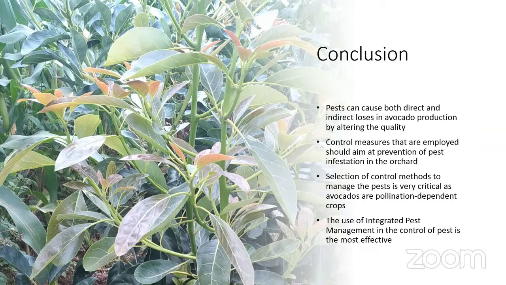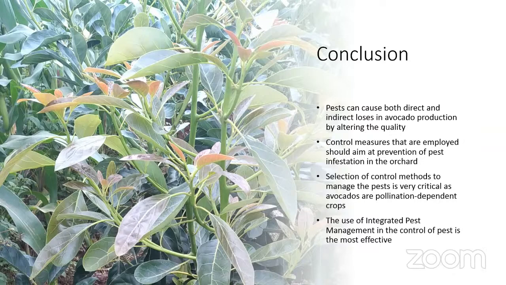So if you are going to use chemicals which are broad spectrum in action, it will also kill the bees. And when you kill the bees, pollination will not take place and you will not have the fruit. So as you select your methods of control, look at those methods which allow your crop to pollinate naturally.